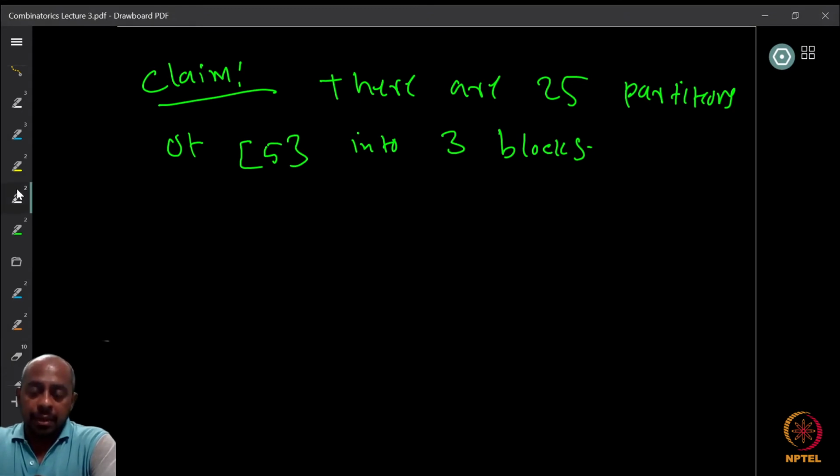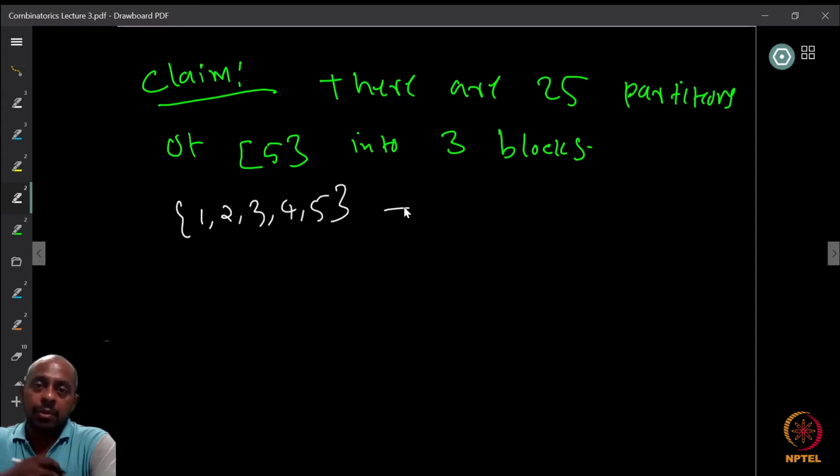So we are looking at the partition of the set 1, 2, 3, 4, 5, so there are exactly 5 elements, into 3 blocks.